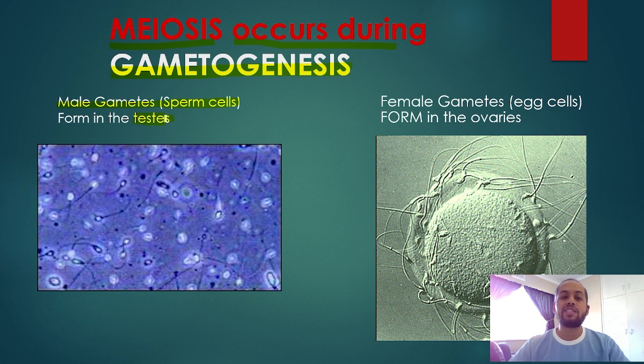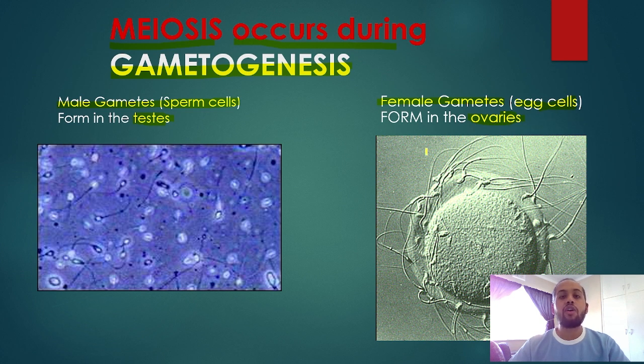The testes is going to be seen as the male reproductive organ that's found in human males. In females, when females undergo gametogenesis, they are going to be forming female gametes, which are referred to as the egg cells or ovum. And this is generally going to occur in the ovaries, because the ovary is known as the female reproductive organ.